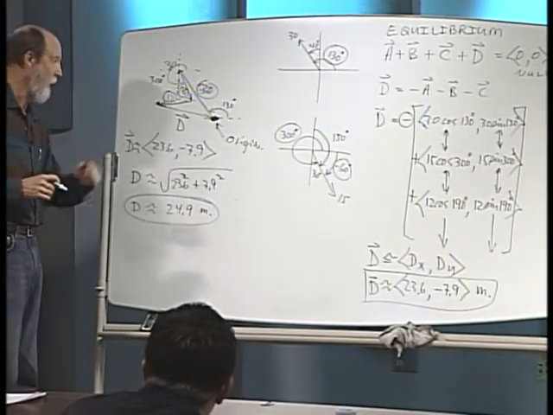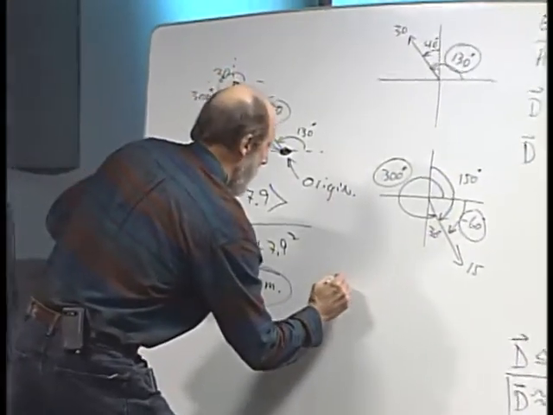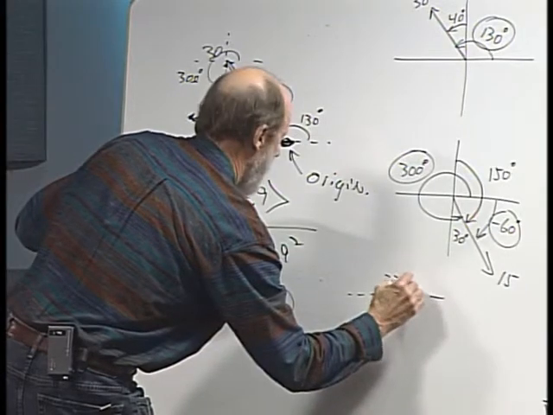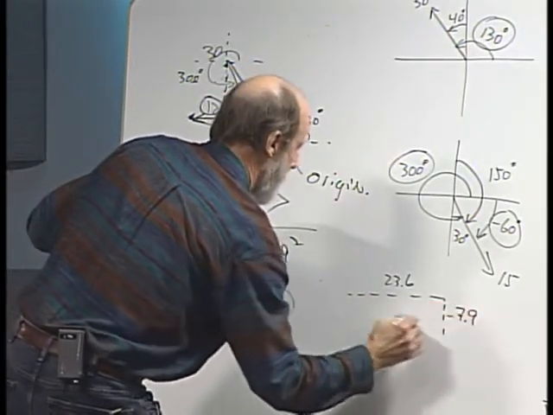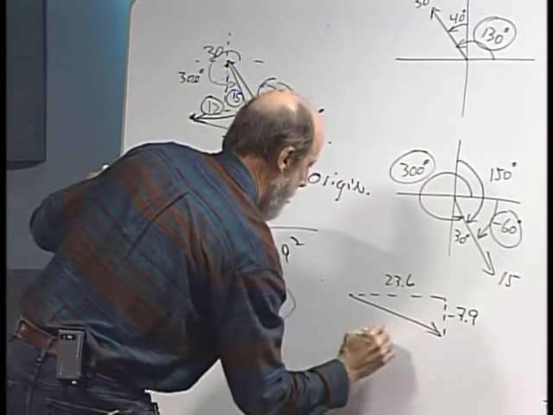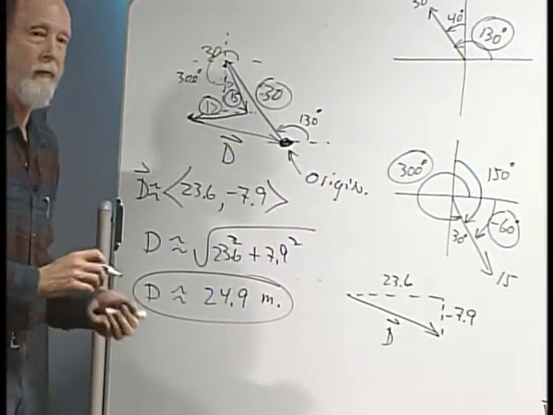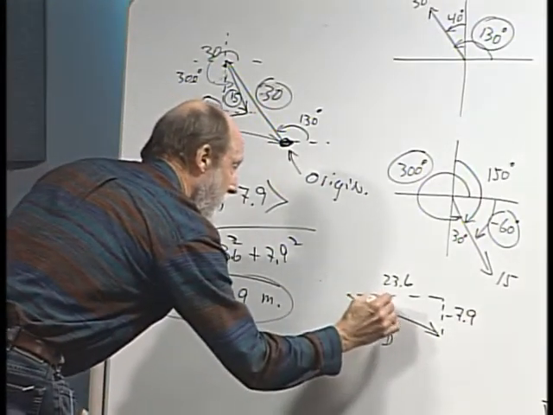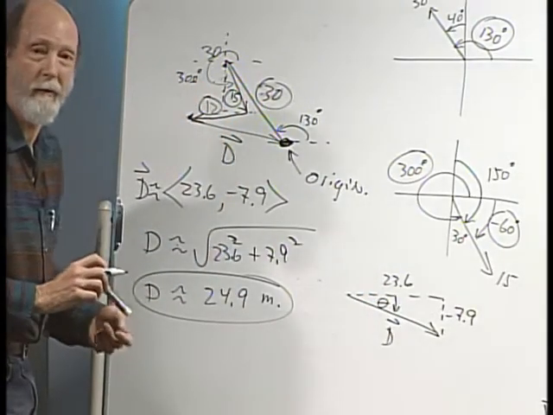And then what's the heading? I usually would suggest you draw a picture, and we want that vector's heading. So you're going to go what to find the angle here? Aren't you going to go inverse tangent? Yeah.